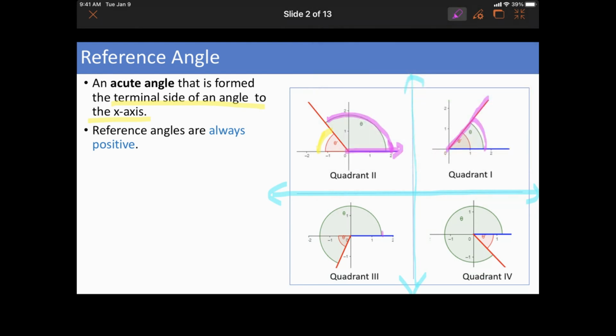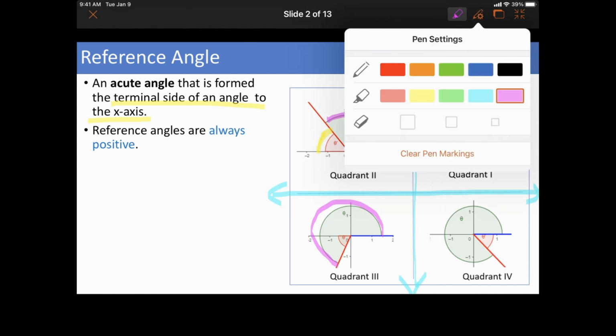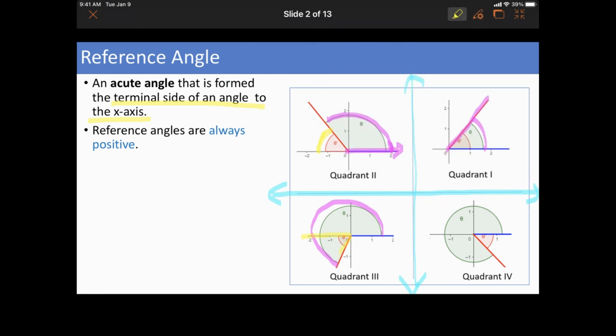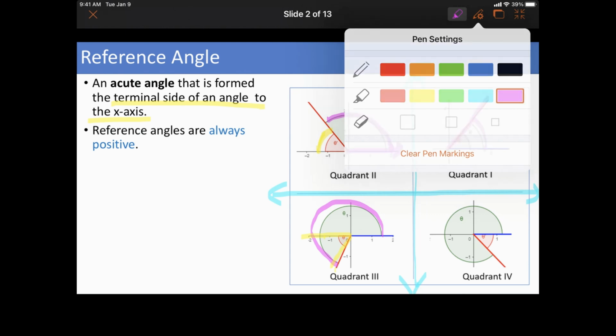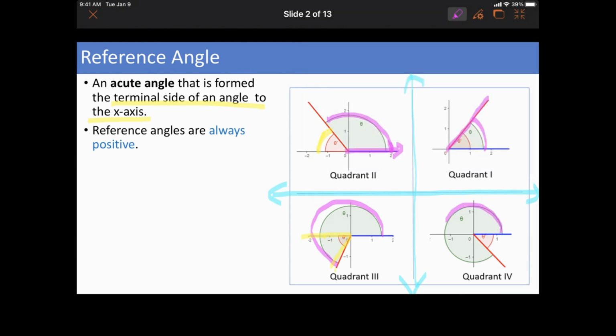For an angle that falls in the third quadrant, the reference angle is here, from the end to the x-axis. If it falls in the fourth quadrant, the reference angle is here.